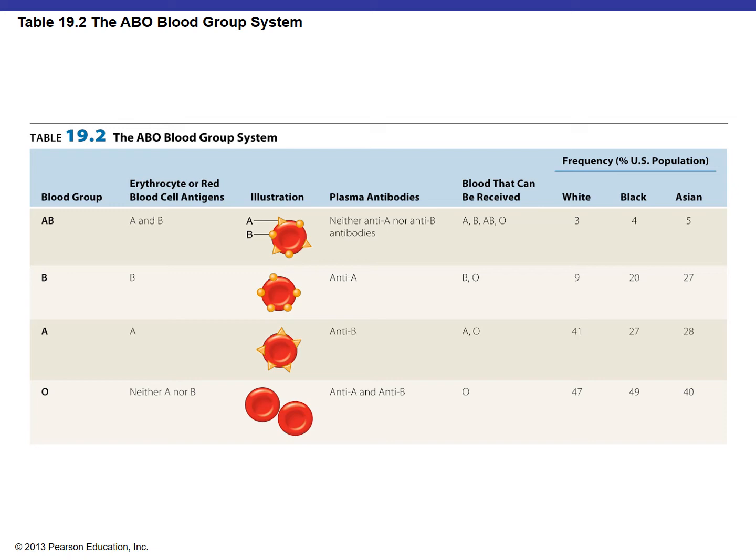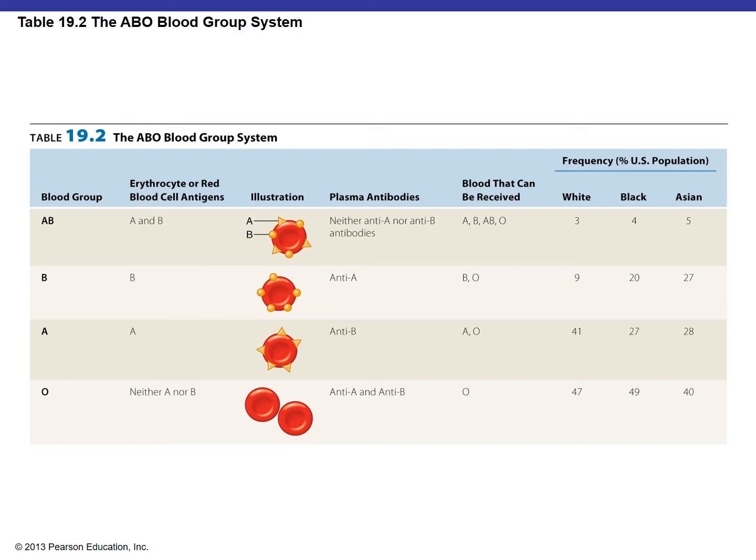So they are the universal acceptor of blood. Blood type B can only accept blood type B or O, and blood type A can only accept blood type A or O.